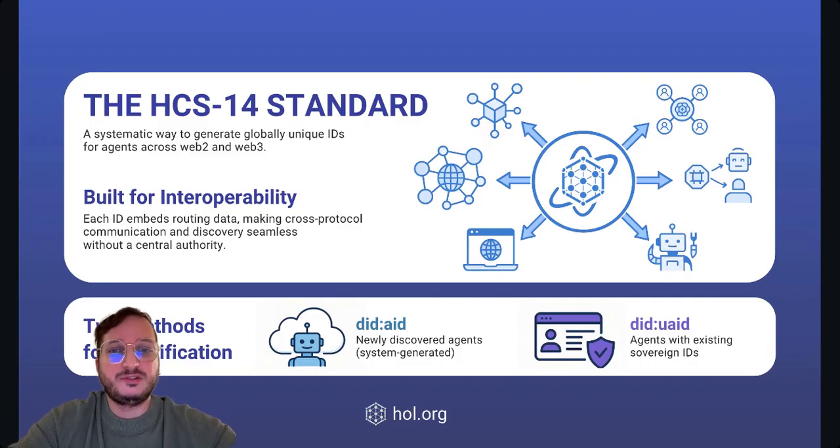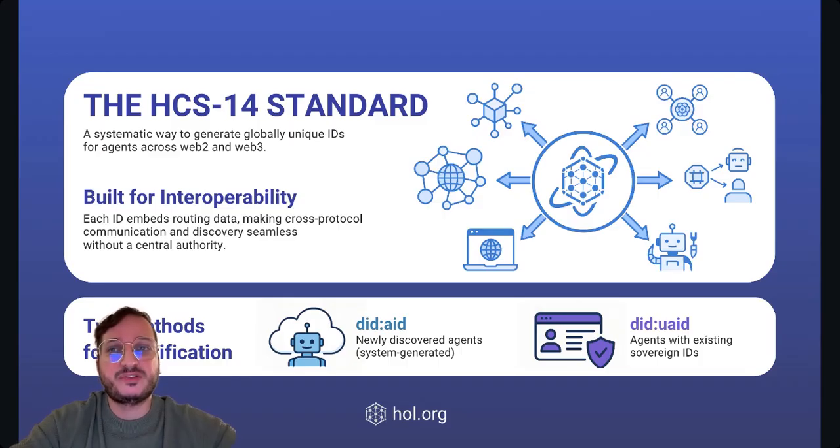This specification utilizes a method called AID and another method called UAID. So the difference is essentially agents can either get these IDs based on their publicly available data on a registry, like for example, their name, their ID, the routing information, and so forth, or they can have a DID that they've issued themselves. The problem is that 99% of agents today don't actually have a DID yet.